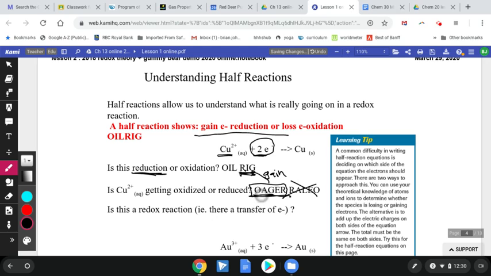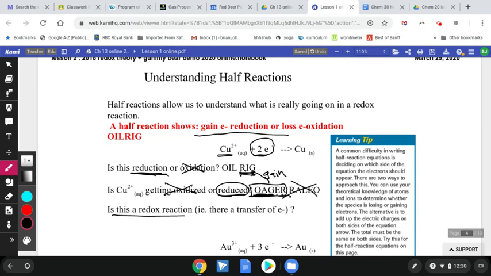Copper 2 plus is an oxidizing agent. It's gaining electrons and becoming reduced. So once we recognize the gain, we can classify the reaction as reduction, and we can say that the copper 2 plus is gaining electrons to become reduced.